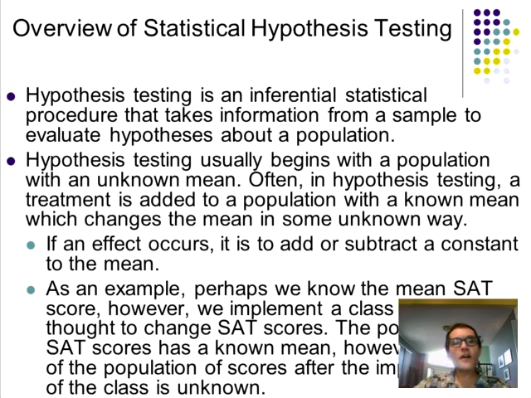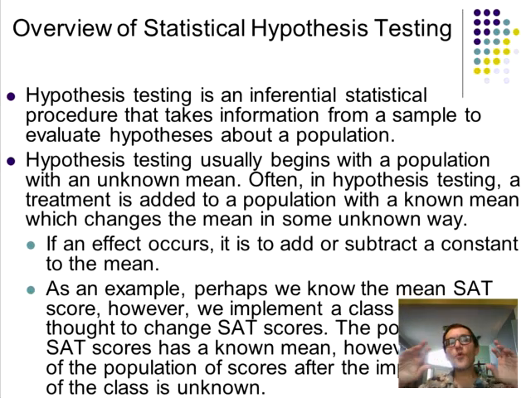But mu of 1,000, sigma of 195. And let's say, for example, I add an SAT class. What happens is I'm assuming that if my SAT class is effective, then the mu or mean or average of people that take the SAT after taking the class is higher than if they did not take the SAT class.